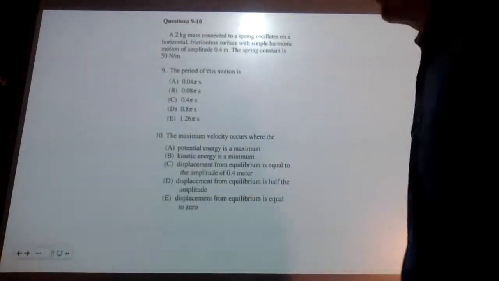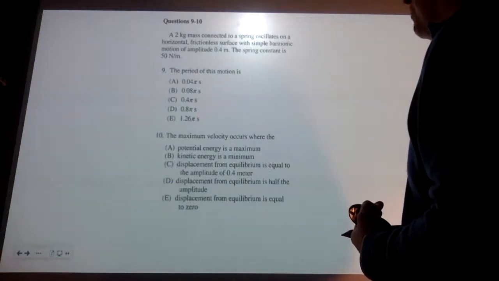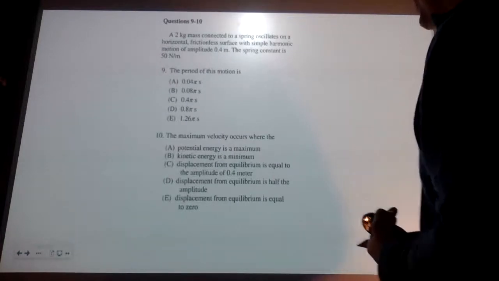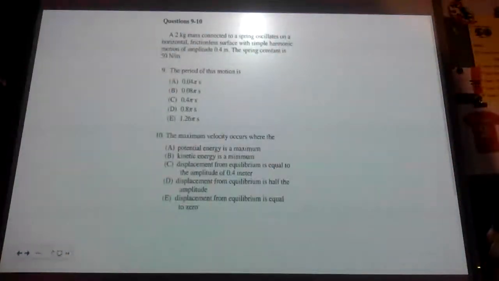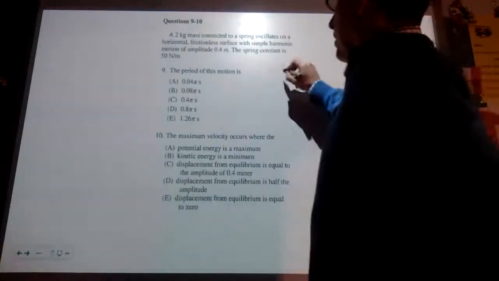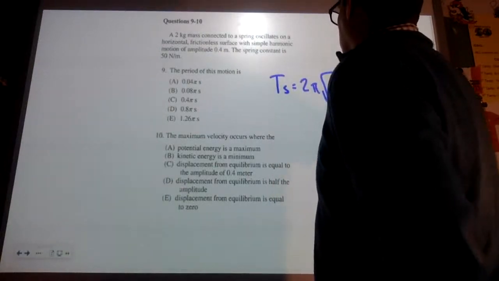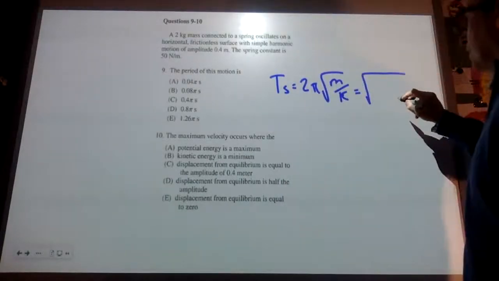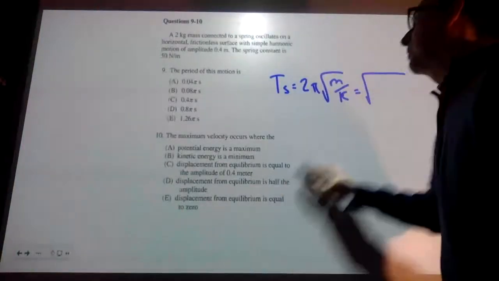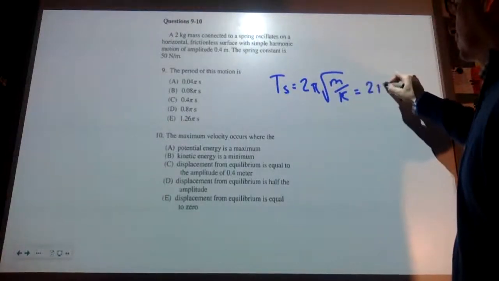A 2 kilogram mass connected to a spring oscillates on a horizontal frictionless surface with a simple harmonic motion of amplitude 0.4 meters. The spring constant is 50 newtons per meter. The period of this motion is... So I have 2 pi times the square root of 2 over 50.